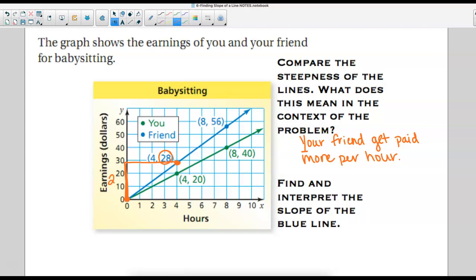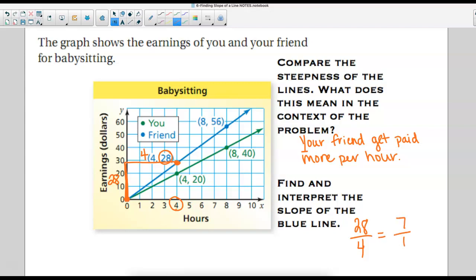28. So because they gave us that number, let's pay attention to that. We went up 28. How much do I step over? From 0 to, go ahead, 4. So what's the slope? Remember, let's go up and over. 28 over 4. If we simplify 28 over 4, what do we get? 7 or 7 over 1.